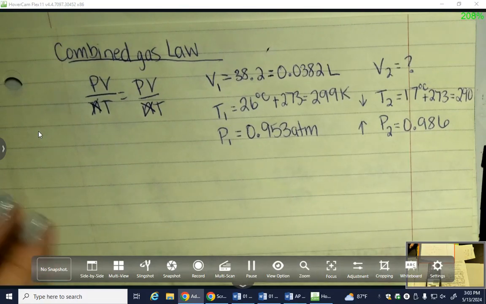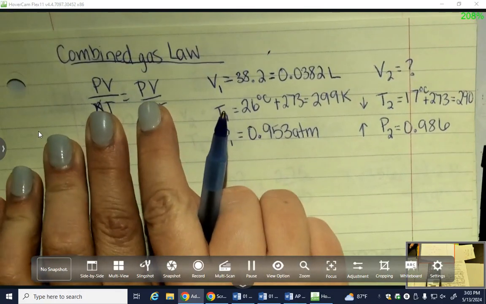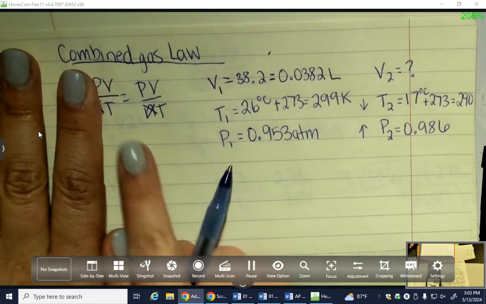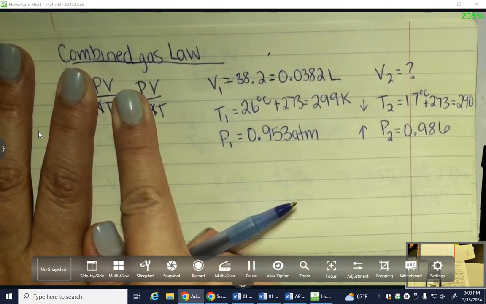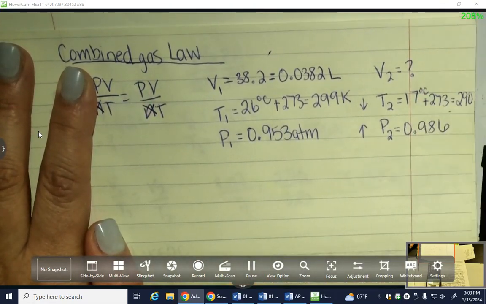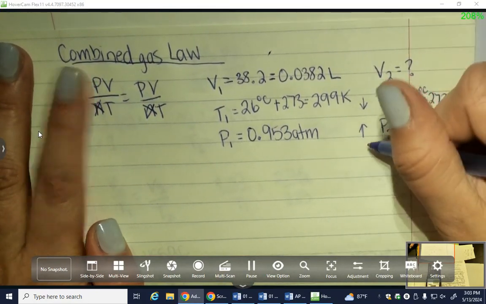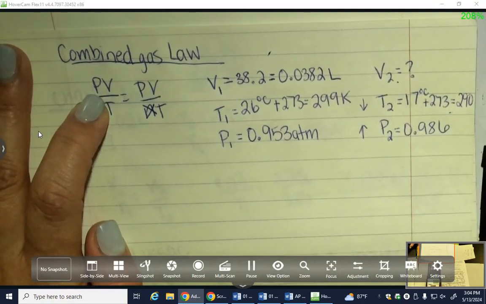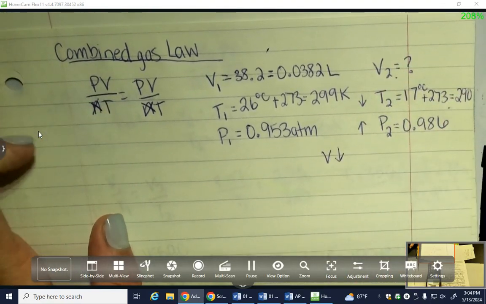We know that pressure and volume have an inverse relationship, and that volume and temperature have a direct relationship. Basing it just on temperature, volume should go down, direct relationship. According to pressure going up, volume should go down, opposite. So ultimately we are predicting volume should be dropping.